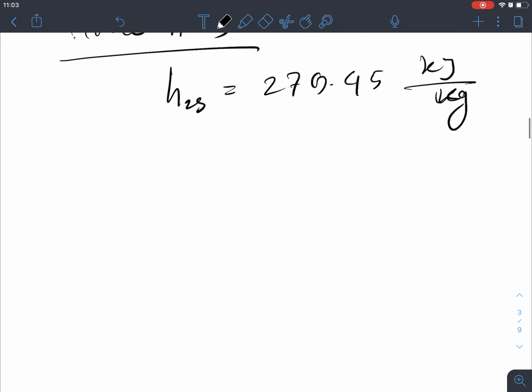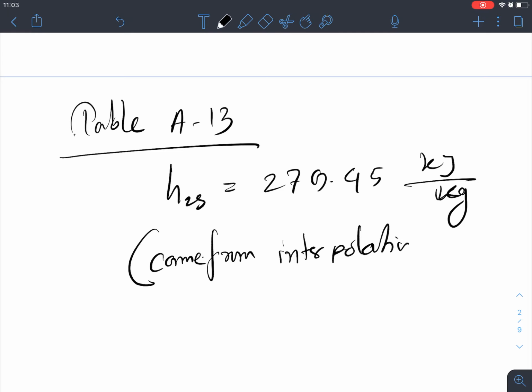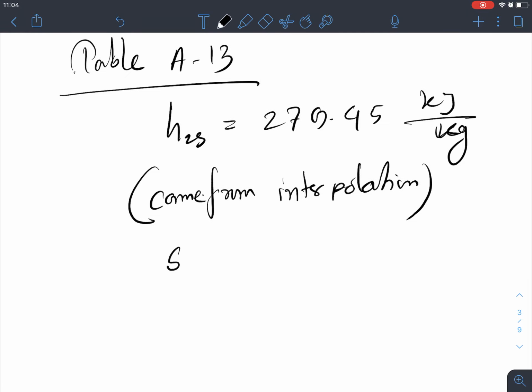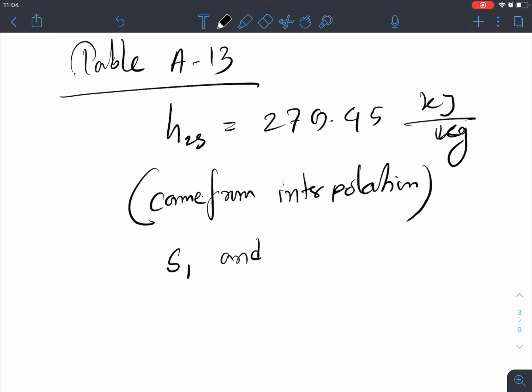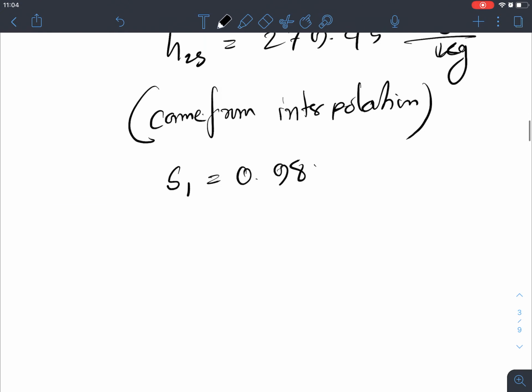So that's what we did here. H2s came from interpolation. Basically S1, which is 0.98214, and another entropy which is 1.0005.